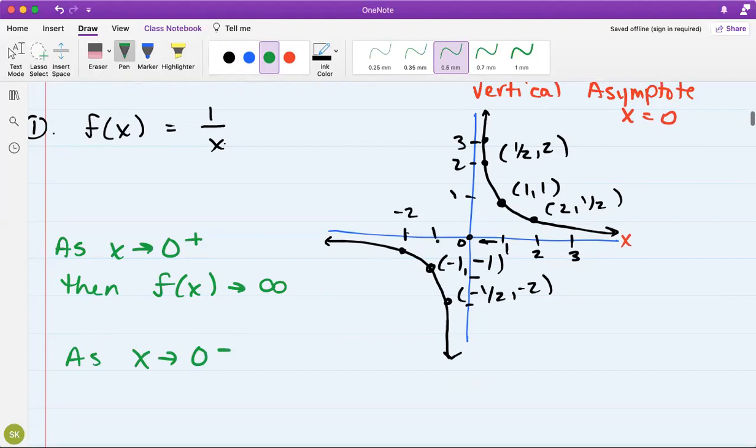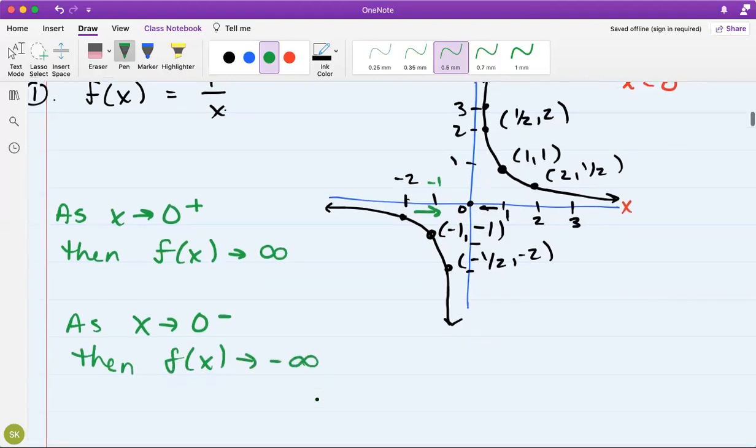So this negative sign means that we're coming in from the left. So here's 0 again. Here's -2, -1. As we go this way from x going towards 0, our function is getting closer and closer to this line right here. But as we approach this, as we come in this way, this is going towards negative infinity. It's going to get really close to this line, but this graph is going downwards. So then f of x approaches negative infinity.